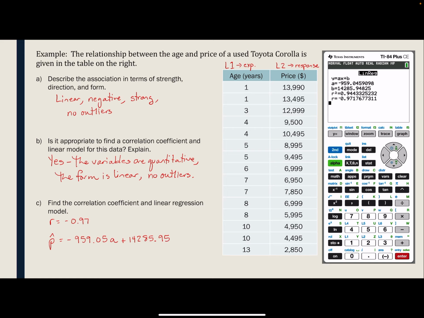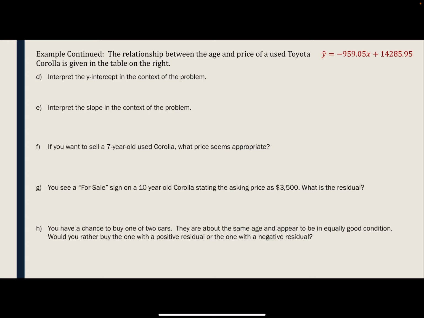We're talking about the price of a car, so it makes sense to round to 2 decimal places here. I used y and x earlier, but what I just did was say price equals this times age. It doesn't matter. If you want to use x and y, that's fine.